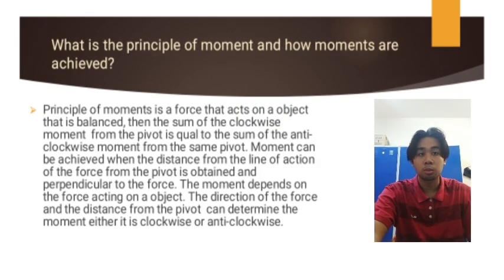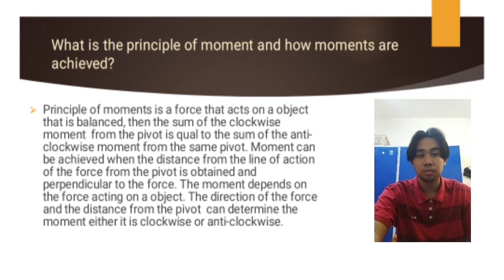What is the principle of moment and how are moments achieved? Principle of moment is when a force acts on an object that is balanced, the sum of clockwise moments from the pivot is equal to the sum of anticlockwise moments from the same pivot.